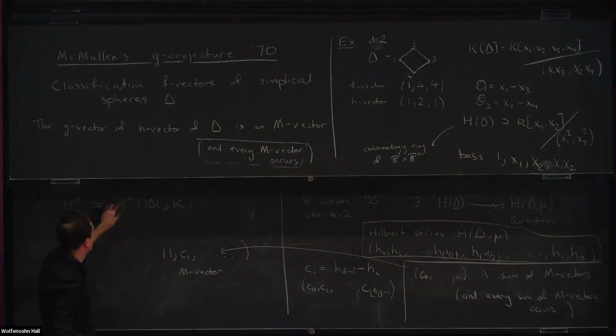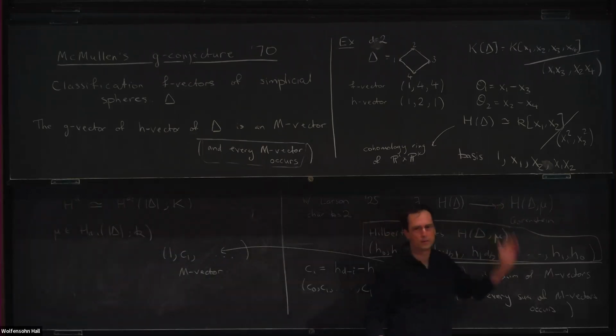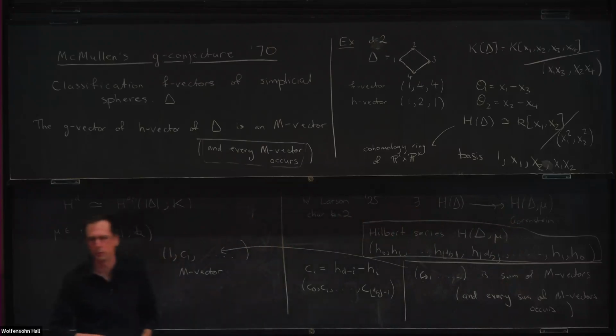So mu here is an element in cohomology, the dual to homology, actually defined over the smaller field. Mu is going to be a generic cycle of the underlying topological space, which will give you a linear function on top degree. And that linear function will induce something Gorenstein. Anyway, I didn't quite explain that, but that's what mu is. It's a cycle of the underlying simplicial complex.